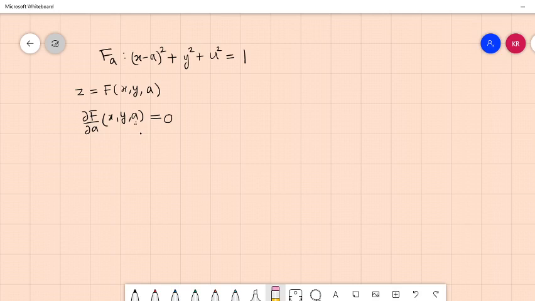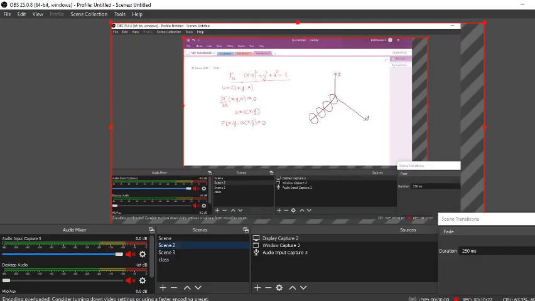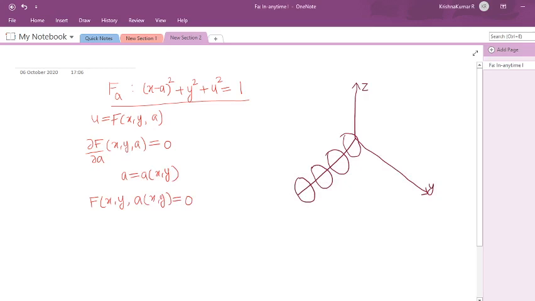Suppose I get a as a function of x and y. So I get the equation f of x, y, a of x, y equal to 0. In this way we can find the envelope of this one parameter family.